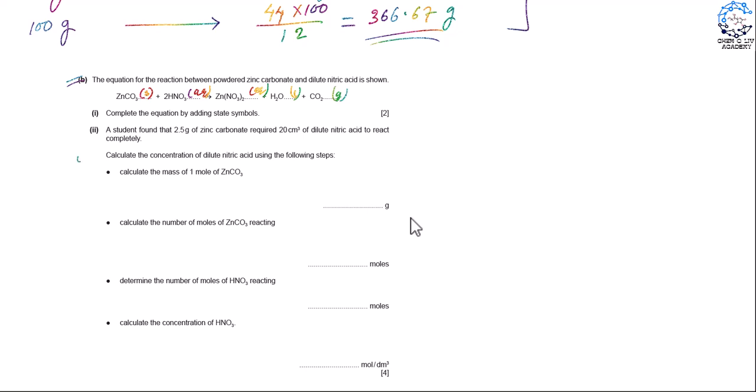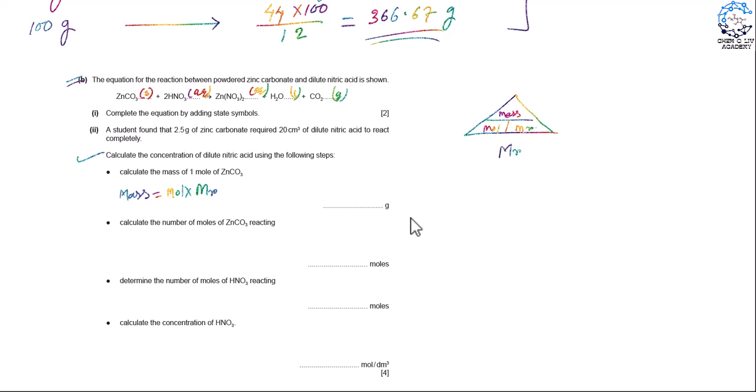Okay, let's start this. Calculate the mass of 1 mole of zinc carbonate. We know the formula, remember always that triangle we have learned: mass over mole times Mr. What I wanted to find is mass. So mass will be equal to mole times Mr. Now what is mole? What is Mr? Mr I need to find out.